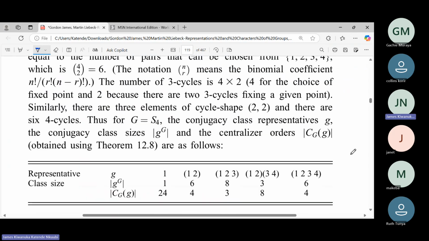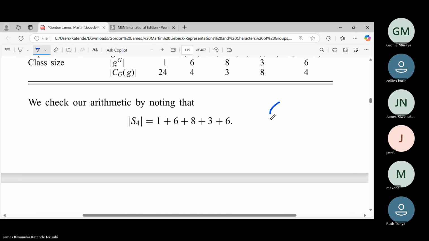Anytime you want to get a 3 cycle in S4, this is S4, I can fix one of the numbers, right? Then I switch around the remaining ones. So for instance, this can be 2 to 3, 3 to 4, if we use this 2-line notation. But now, once I fix this, I end up with 2 possible 3 cycles.